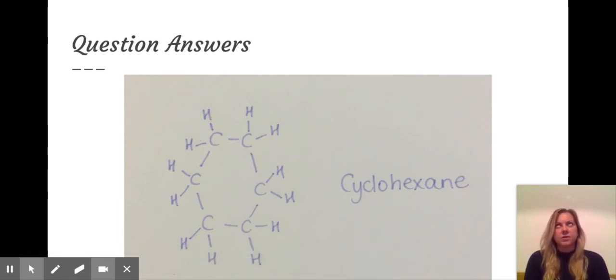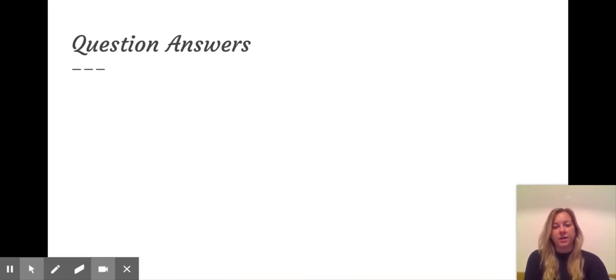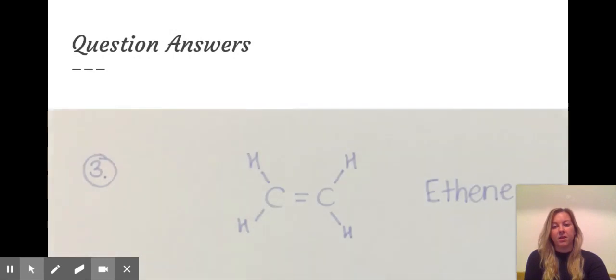Next one was the cycloalkane with 6 carbons, so that's going to be cyclohexane. Again, make sure that your bonds are not floating. Make sure they are directed at the atom that you want, and that it is drawn very neatly and clear. 3, the alkene with 2 carbons is going to be ethene.